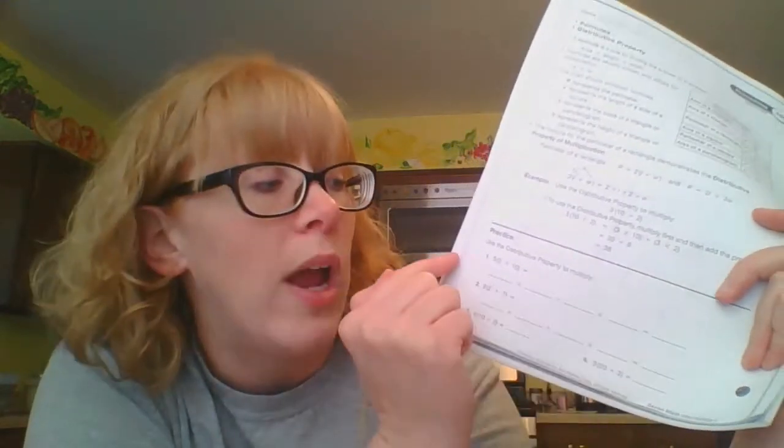You could do PEMDAS, and you could say, oh, I know what 10 plus 2 is. I'm going to multiply that sum by 5. But that's not how they want you to do this problem. So you will need to write down 5 times 2, and then you're going to add that to 5 times 10, and then the answer. They want you to write out distributive property.